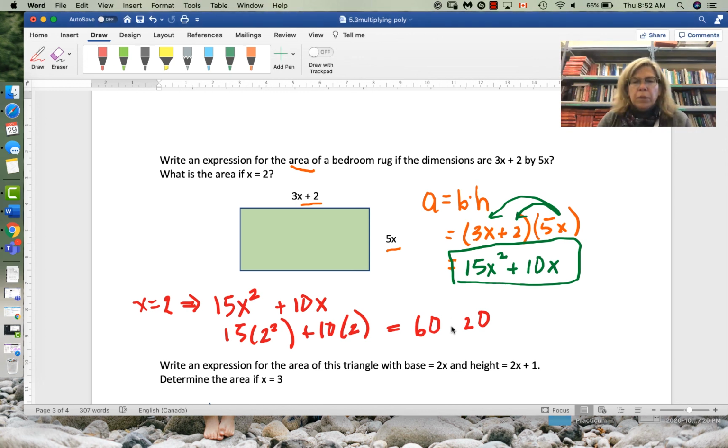Area equals base times height, so it equals 15x squared plus 10x, and then it equals 80 centimeters squared. So that's the size of the rug.